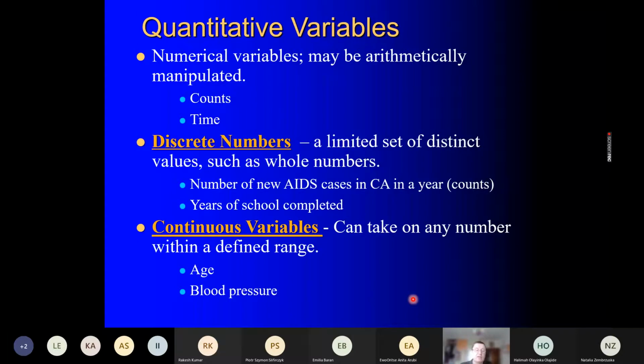Things like the number of new cases of a specific illness, like AIDS, not important, or COVID cases within a specific country, region, and so on. So here are exactly discrete variables, or years of university completed and so on.